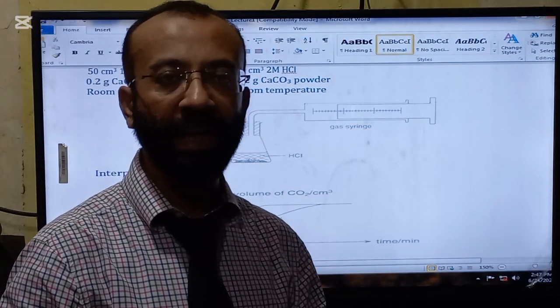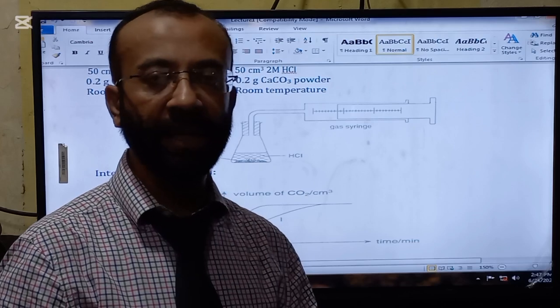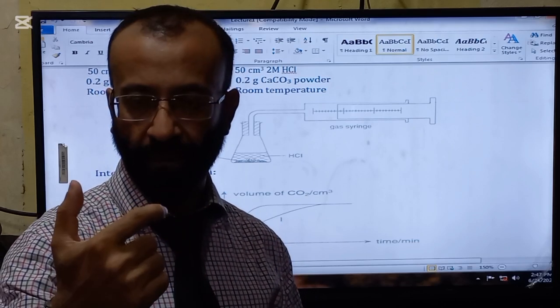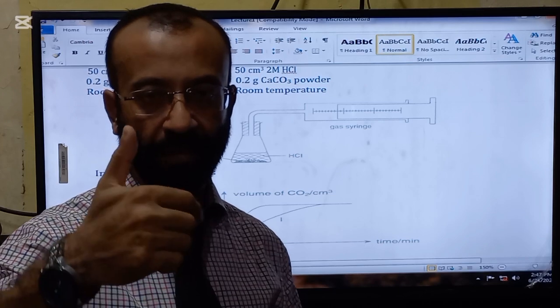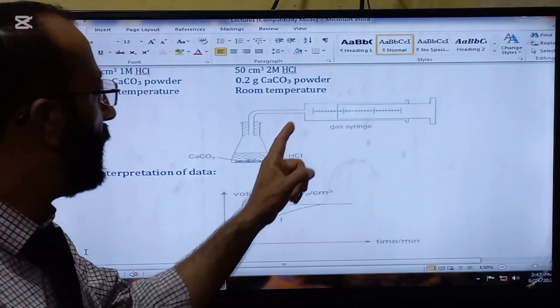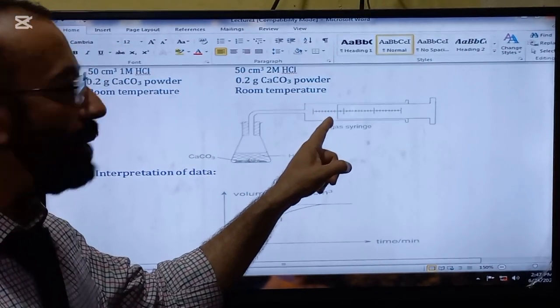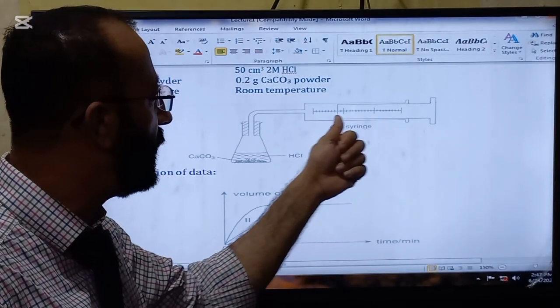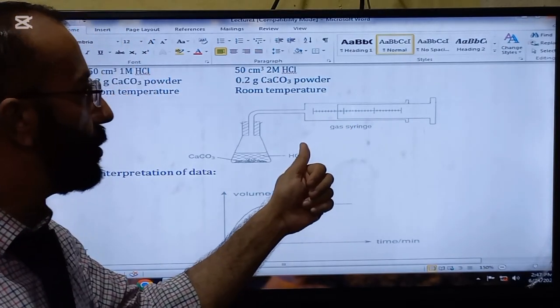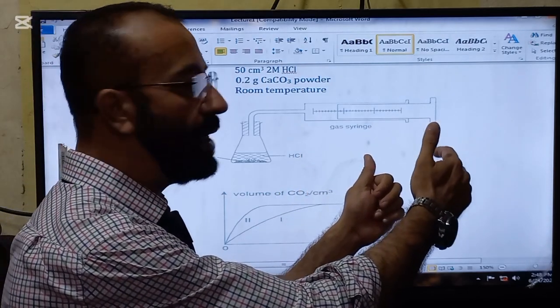Look now how the points will be obtained. For example, after 1 minute, looking at the stopwatch, we will note the volume of the carbon dioxide produced from the figures on the syringe. After 2 minutes, it will be noted.